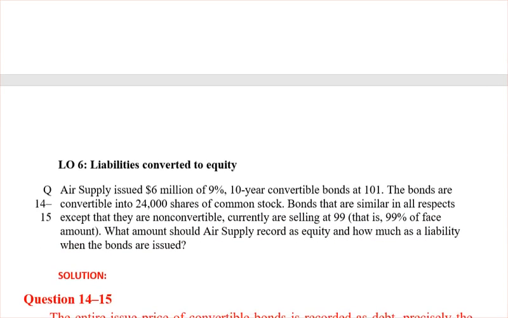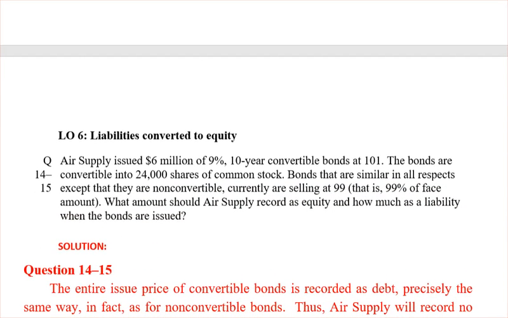This is converting liabilities to equity. So we have convertible bonds, and they initially went on the books at 101. Whenever you see a 101, that means 101% of carrying value. So you had 6 million of these bonds. So 101 means that you need to take 1.01 times 6 million to get the amount.